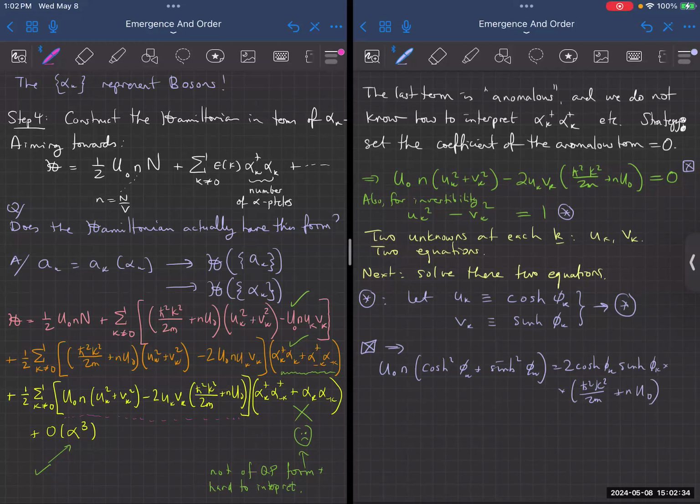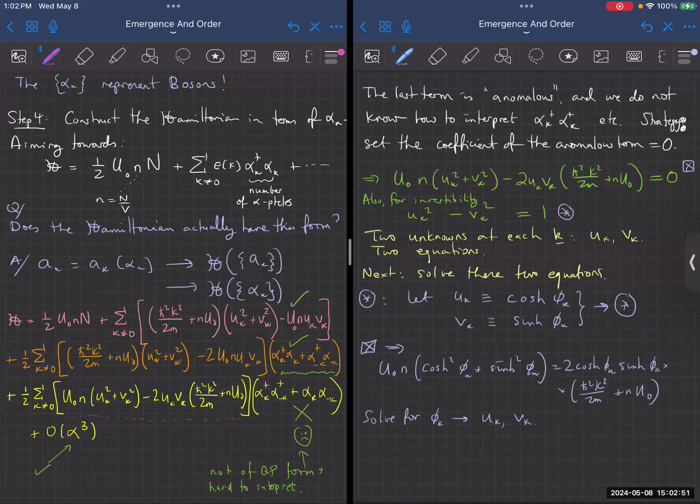So that's what we have, and what we want to do is solve this for phi_k. Once I've solved for phi_k, that then gives me u_k and v_k.